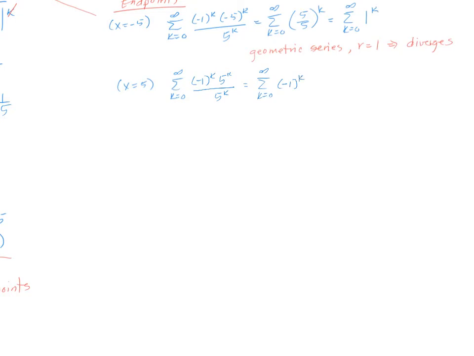We have this alternating series, so we could try to see if it diverges by doing the divergence test, or we could check properties of alternating series.